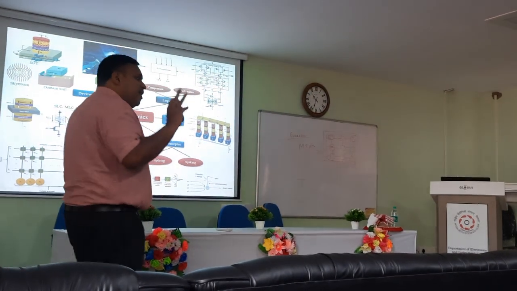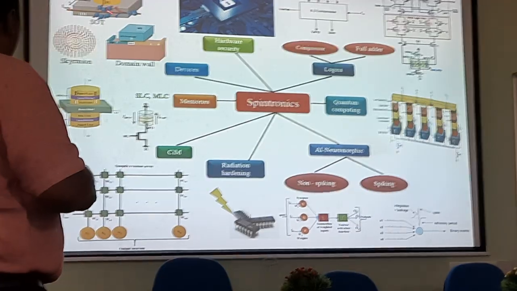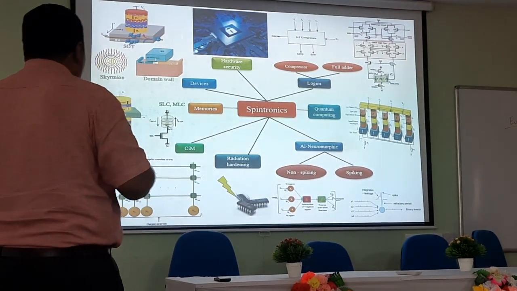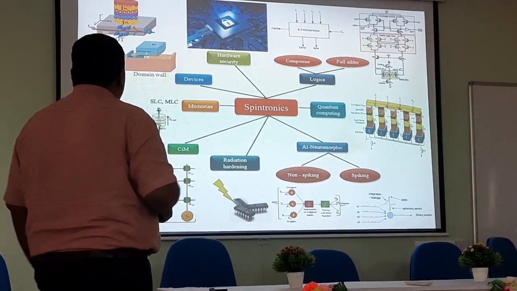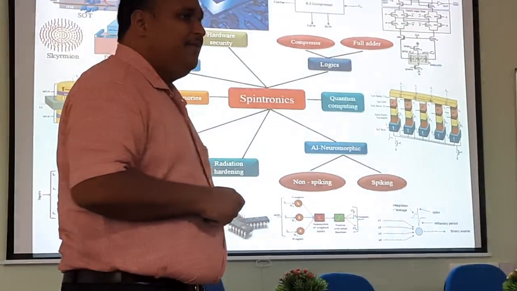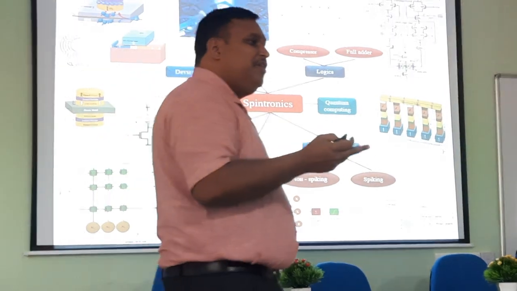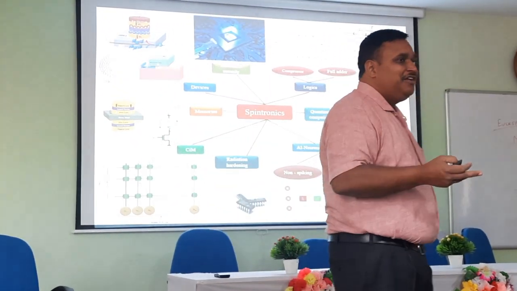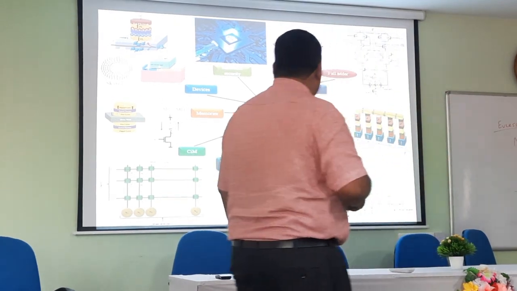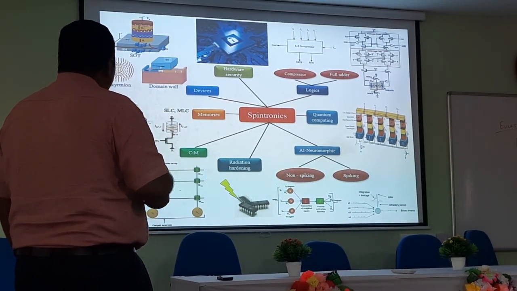MTJ is the primary device which started out, and we'll be briefly discussing it as well. Then you have domain wall, which started off, and as of date, a lot of work is being done on SOT, based on ferromagnetic material, anti-ferromagnetic material, ferrimagnetic materials, all kinds of magnetic materials which are explored. So this is as far as the devices are concerned.